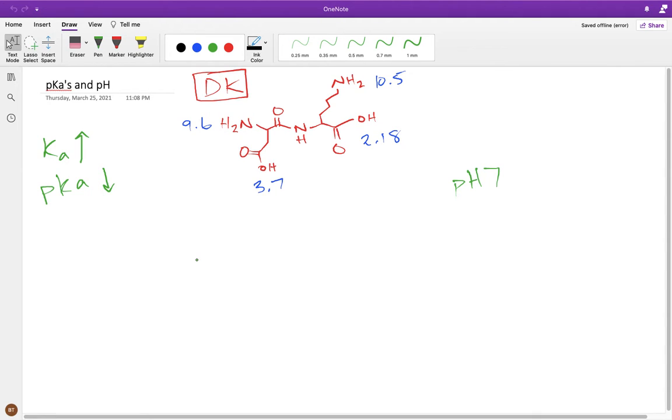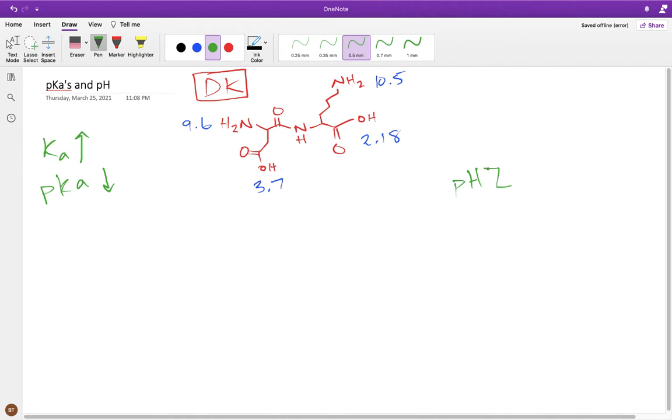If the pH is above the pKa, it's on the basic side of that molecule. It kind of goes along with the trends, right? The lower the number, the more acidic. The higher the number, the more basic. And so let's take pH 7. Oh, sorry, I said we're starting out at a low pH. Let me redo this.